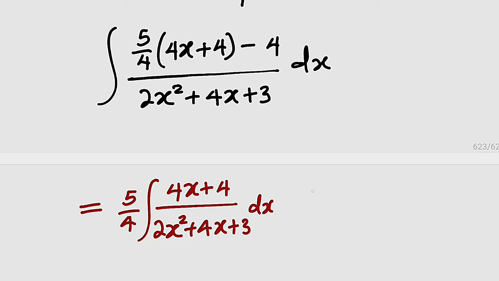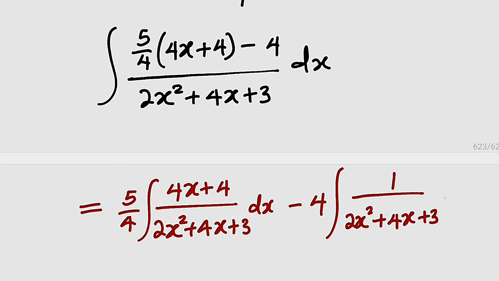Then I will take the other one, minus 4, multiplied by the integral of 1, because I have just factored out 4, divided by 2x squared plus 4x plus 3 with respect to x. So this is what we have to integrate separately.